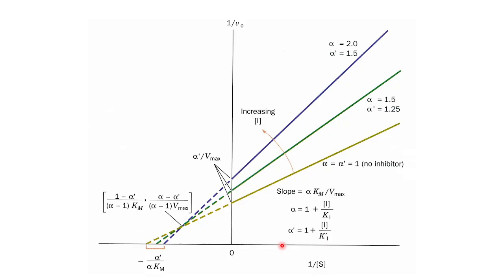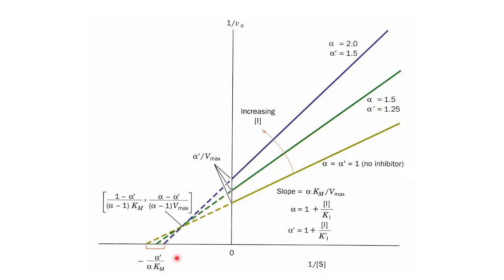You will have the x-intercept as minus alpha dash by alpha Km, and with increasing concentration of the inhibitor, you will see that alpha dash by Vmax also increases, and minus alpha dash by alpha Km also increases. The slope, from the graph you can see, also increases.